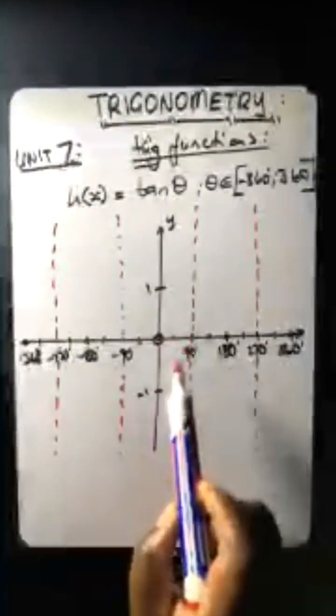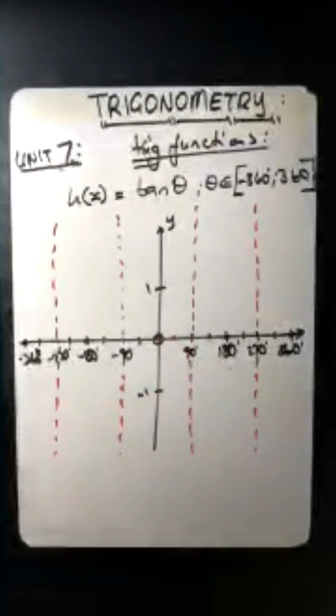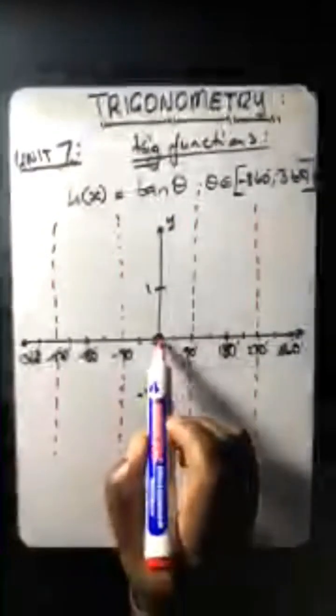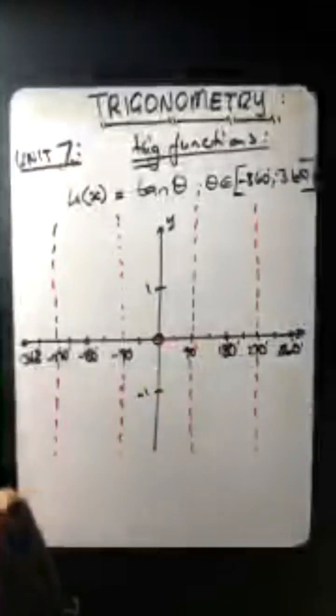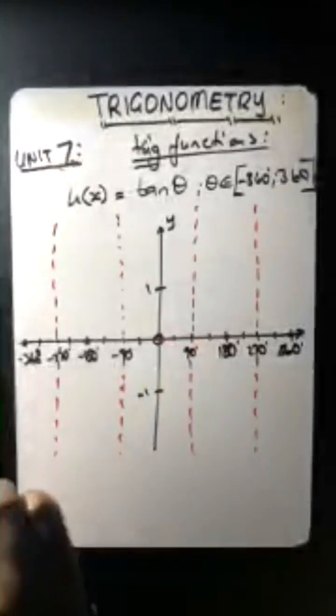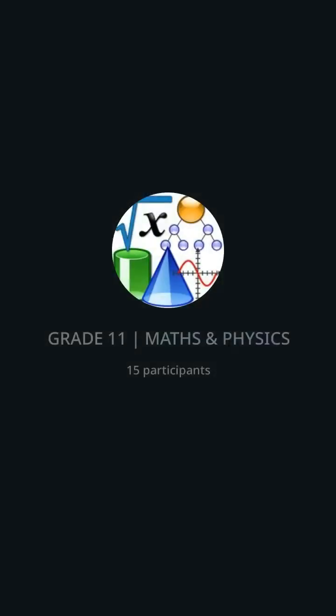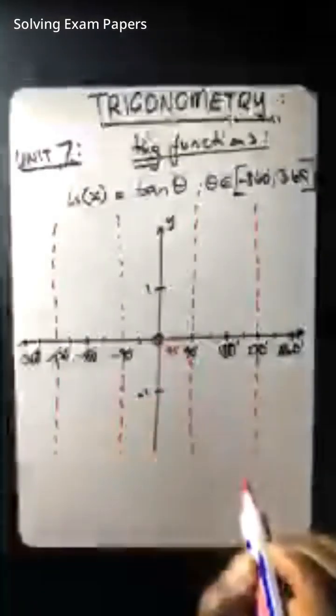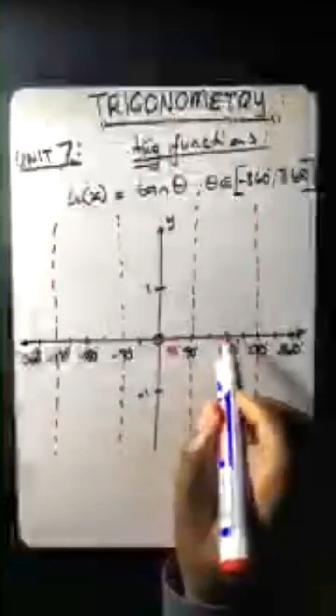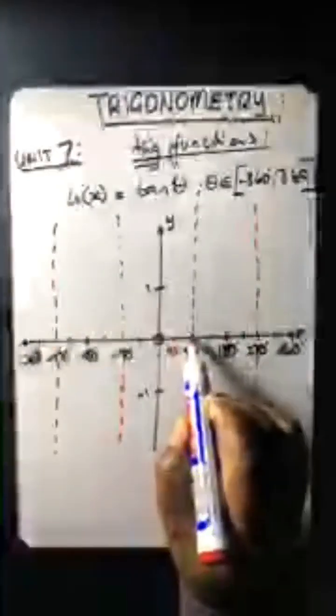So what is a value between 0 and 90? Okay, this is how you do it. You can just say 0 plus 90 divided by 2. 0 plus 90 divided by 2, obviously it gives you 45. So that means there it's actually 45. What about that? It's the midpoint, guys.